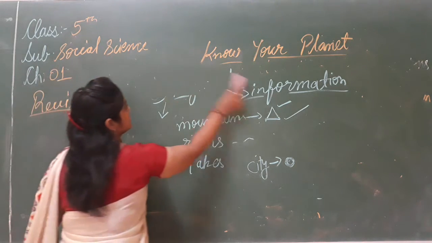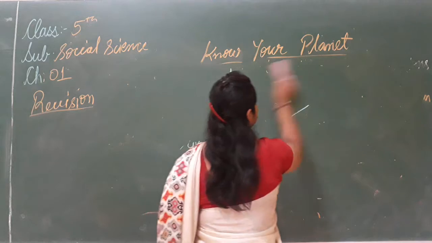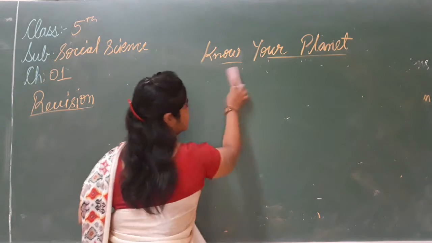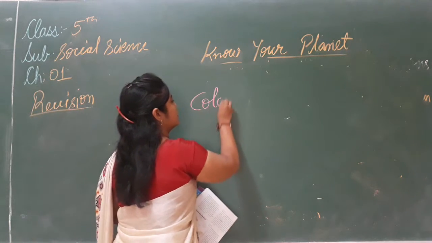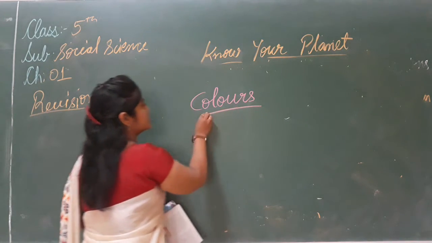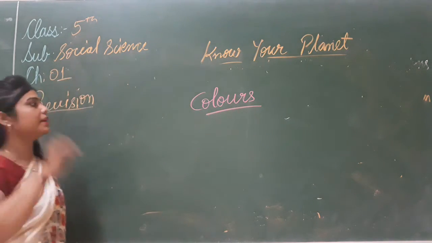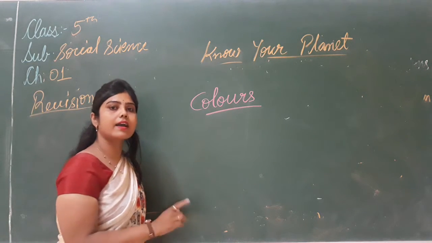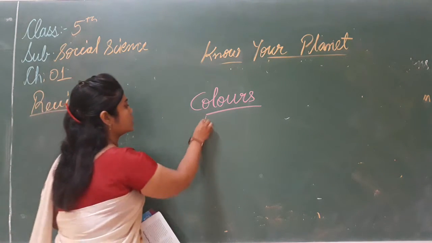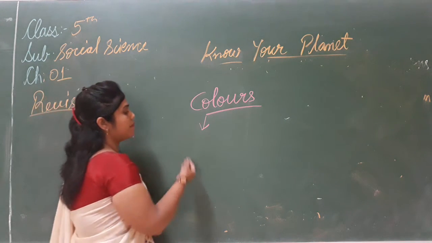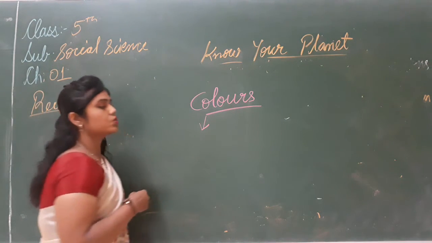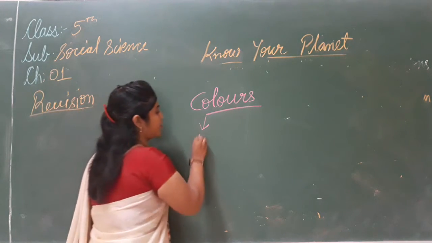Now the last one is colors. The fourth feature that we use to study the map is color. So colors also provide information. For example, in a map we use color to represent water bodies.